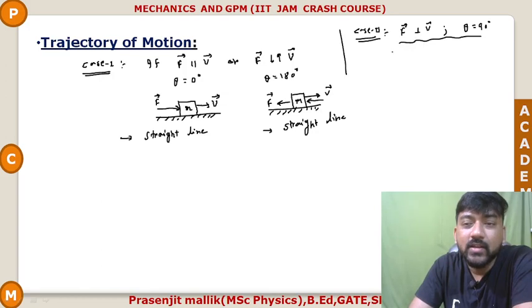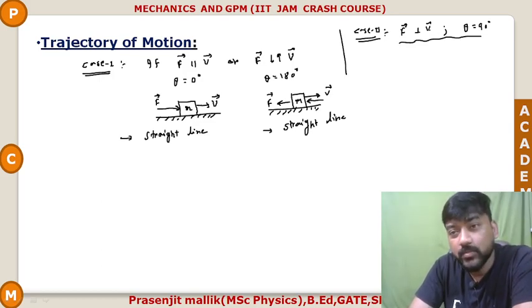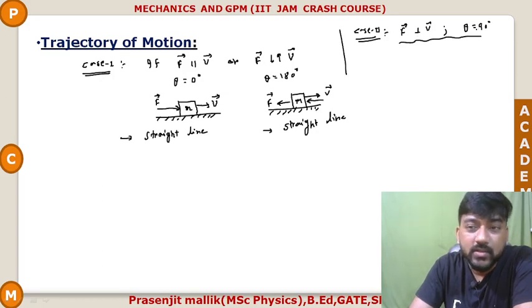It is not like you give the force initially at 90 degrees and then release the object. That is not what is happening here. You have to give the force continuously to this object in such a way that the angle between F and v is always 90 degrees.